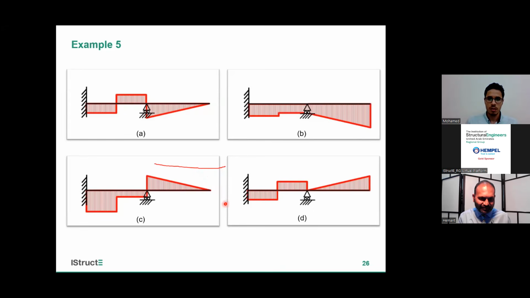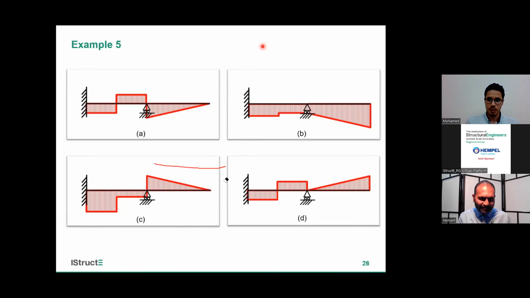If this was only a load like this, how would we draw it? This is a reaction, for example. Will we go up or will we go down? We will go down. So here we have, this is from down to up. So here it's 0.